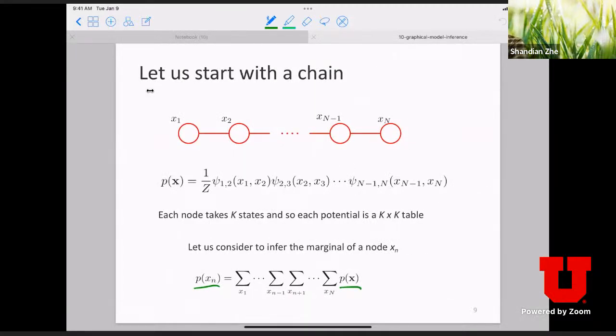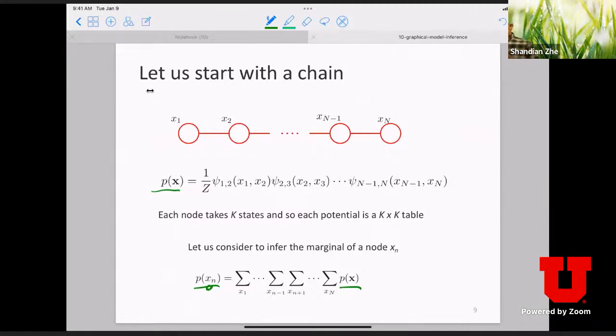Here is the joint distribution over all the big N nodes. Now if you want to compute the marginal distribution for one particular node, small x_n, you sum over the configurations of all the remaining nodes in the graphical model, except small x_n.